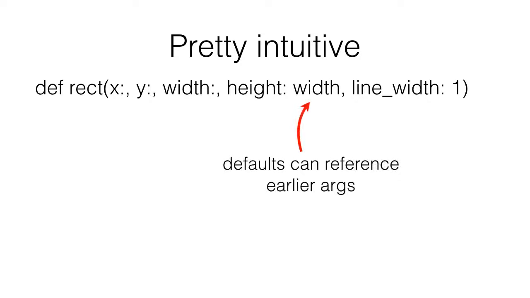Notice that any of the keyword arguments can have as their default values any expression that refers to any of the arguments before them. So that works out quite nicely. You can't have circular references, but you've got a good deal of flexibility about making defaults depend on the other arguments.